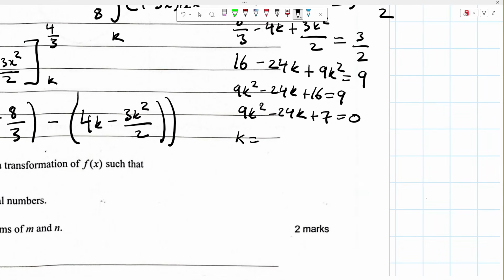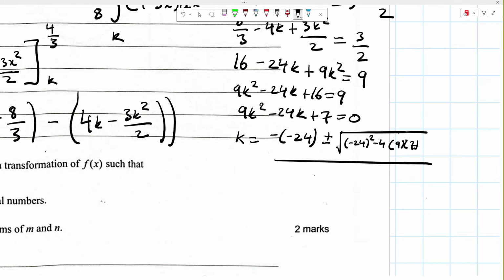So we get k is equal to negative b plus or minus the square root of b squared minus 4 times a times c, all divided by 2 times a. So negative of negative 24 is just 24, plus or minus square root.